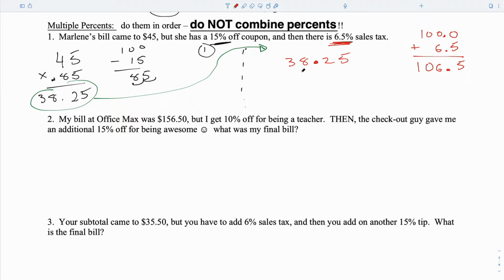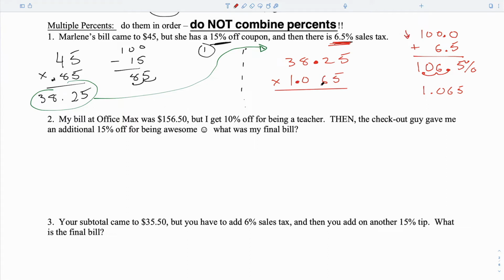So this is 38.25 times. Help me change the percent into a decimal, Leighton. 1.065, I think. That's correct. 1.065. I don't need to line up the decimals in a multiplication problem, just an addition.